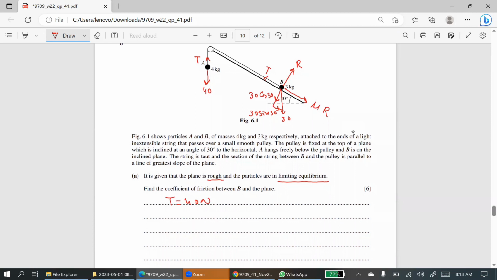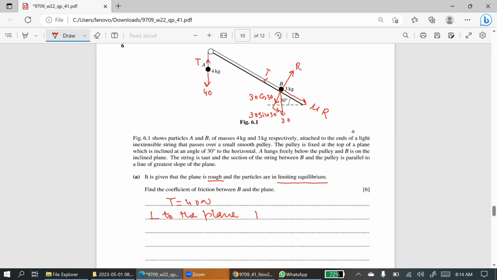Now we will consider the particle B and equate the forces. Forces perpendicular to the plane: R is equal to 30 cos 30.